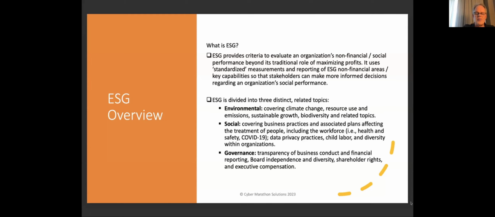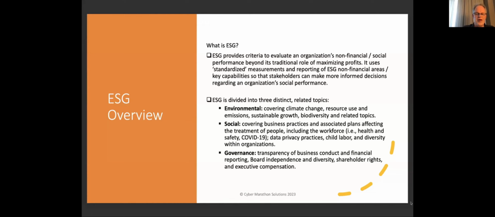When we talk about the social aspect of ESG, we're talking about how people are treated in the workplace. So that can be anything from health and safety and the office, the OSHA office, which governs workplace safety. It could be anything related to what we went through with COVID-19, which I think everyone is well familiar with.